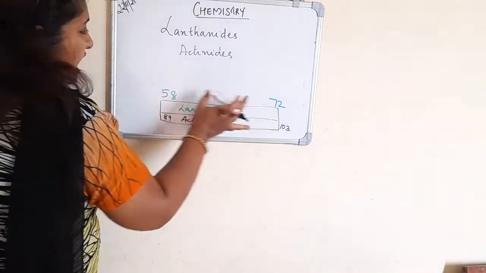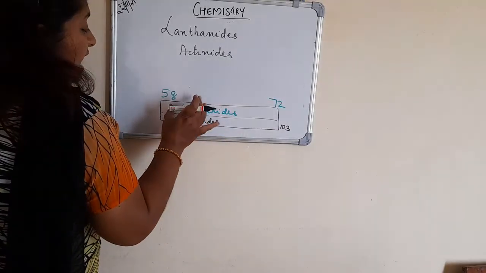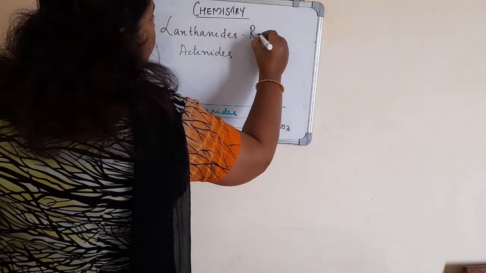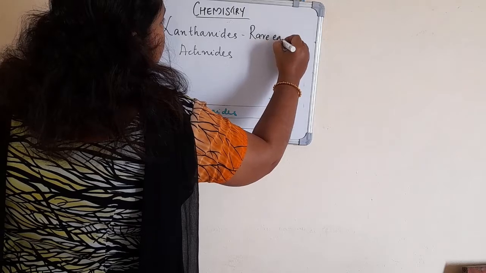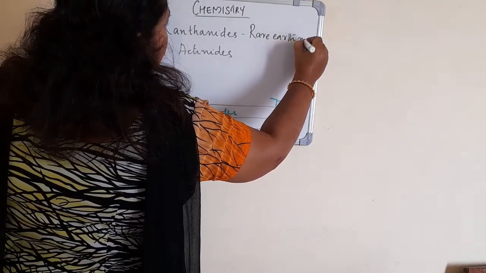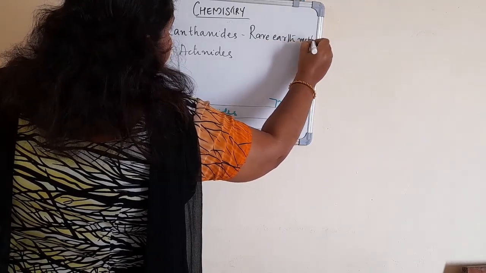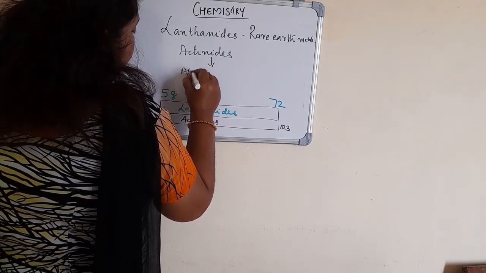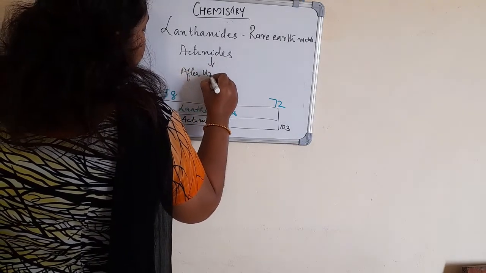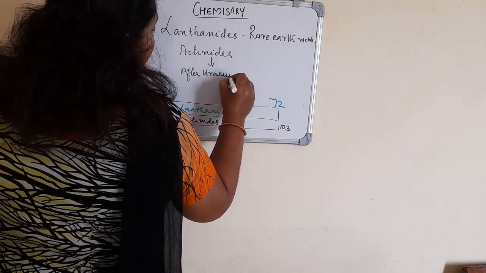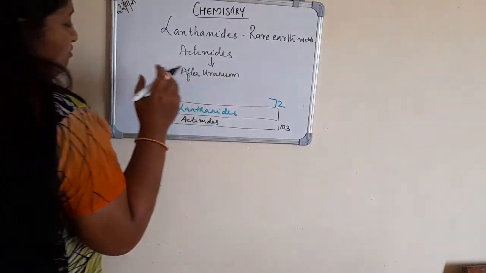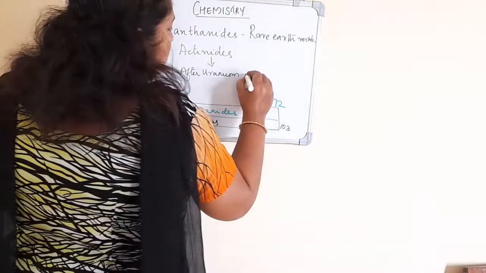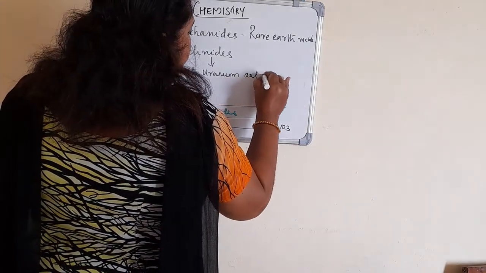Atomic number 58 to 72, they are known as lanthanides, and they are known by another name also, rare earth metals. Whereas in actinides, after uranium, all the elements are artificially made.